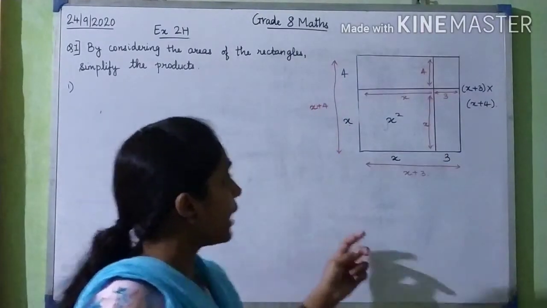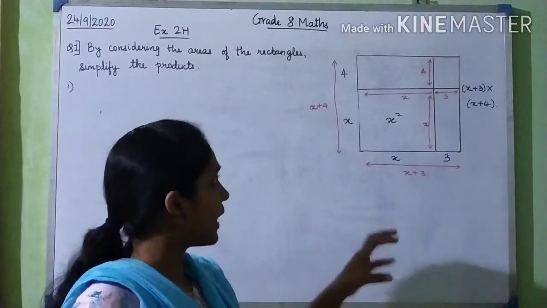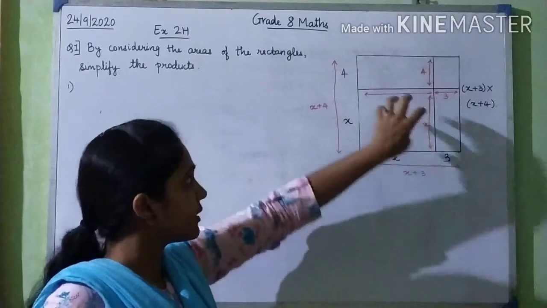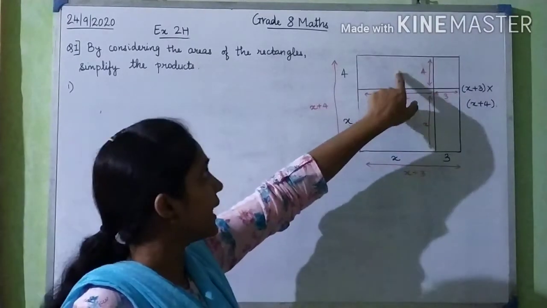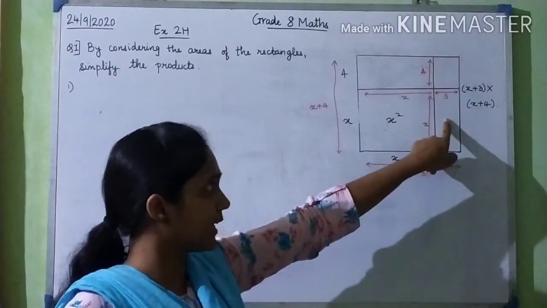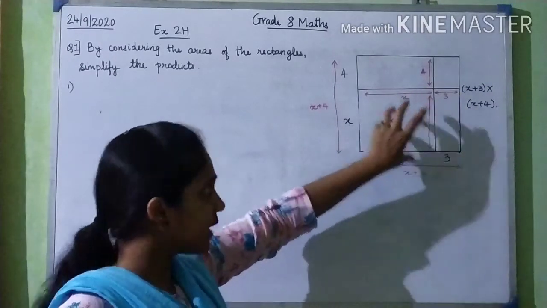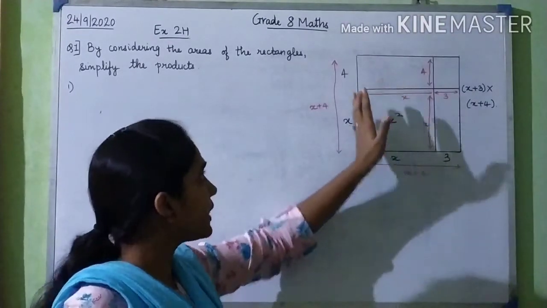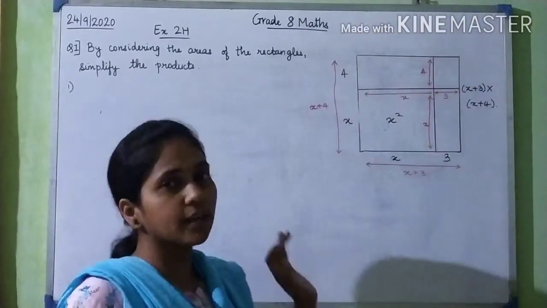So we have to first find the area of each rectangle. The area of this square is given. The area of this rectangle we need to find, then the area of this rectangle, and this rectangle. Then when we add the areas of all the rectangles together, we will get the area of the bigger rectangle.